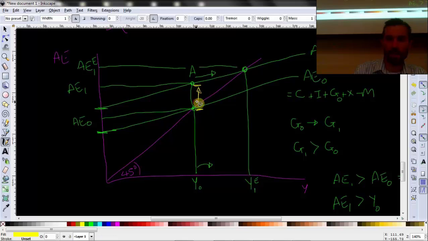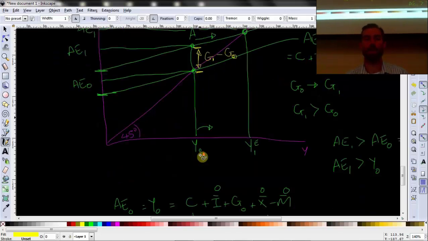This distance is G1 minus G0. In other words, when government spending changed, what happened to our aggregate expenditure curve? It shifted upwards, right? G1 minus G0.